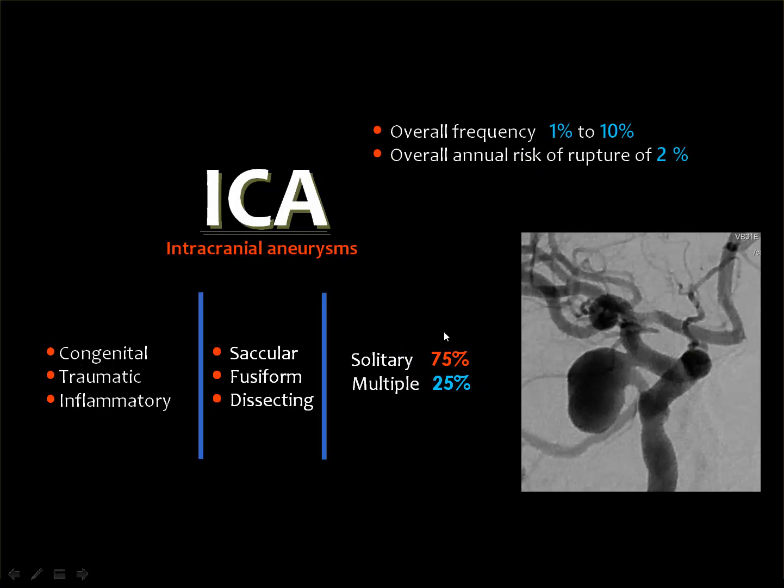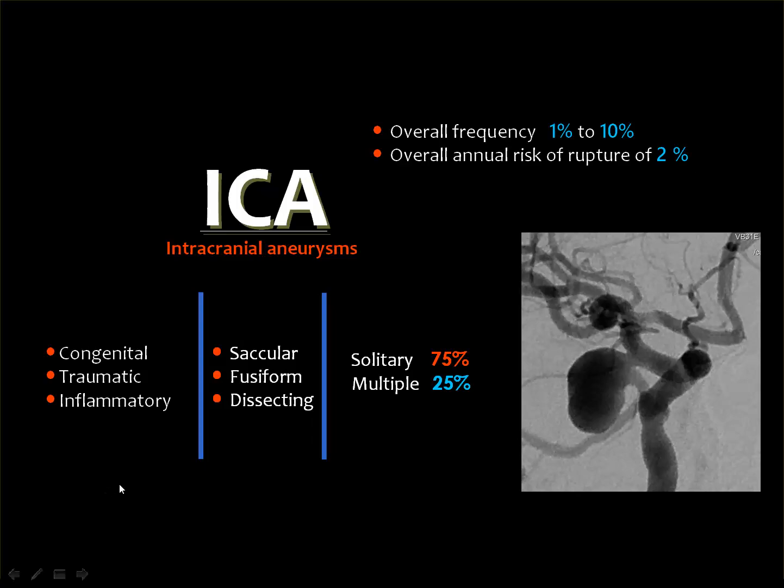You know that intracranial aneurysms are a frequent finding in clinical practice, and the incidence is about 1 to 10%, and the overall risk of rupture is about 2%.